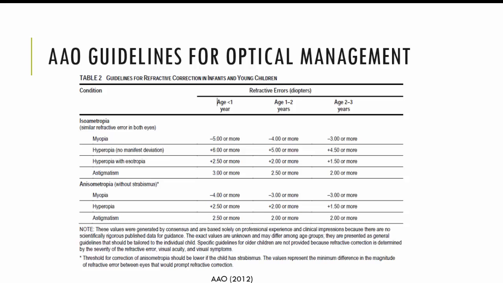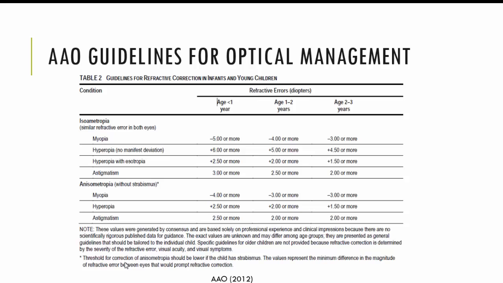What's worth noting or looking at here is the differences between managing patients with strabismus versus those without strabismus. So you can see, for instance, here that a hypermetrope with no manifest strabismus is left uncorrected with much higher refractive errors than one with strabismus. So bear in mind that there are some guidelines. You don't need to utilise these guidelines.